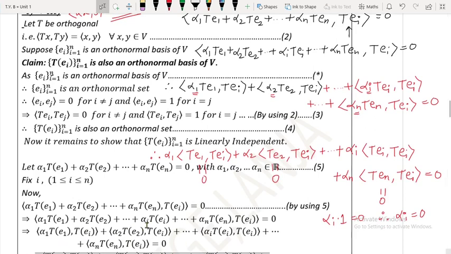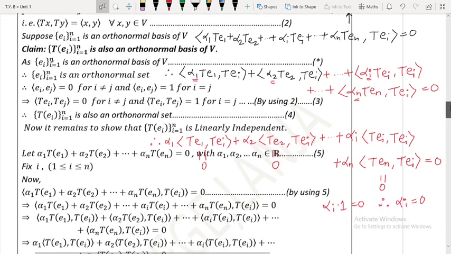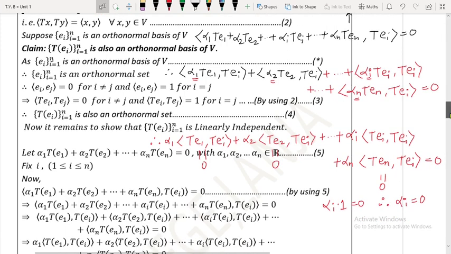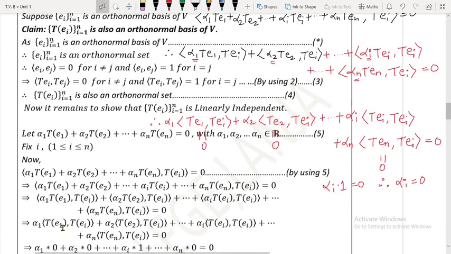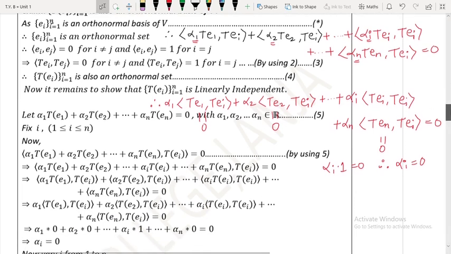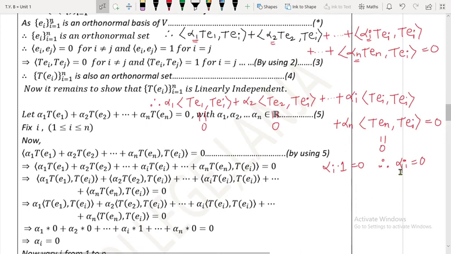So you can see this is simply the simplification part by using simple properties of inner product. Then we are having this real number taken out, then all the inner products are 0 except for this term. Okay, then in the next step we are having alpha i is equal to 0.